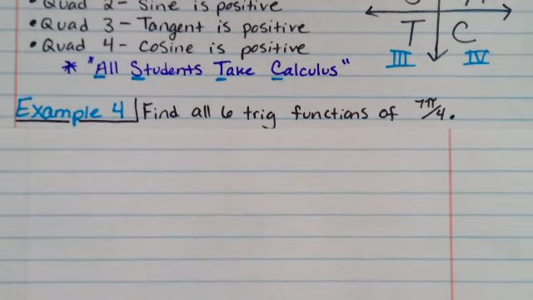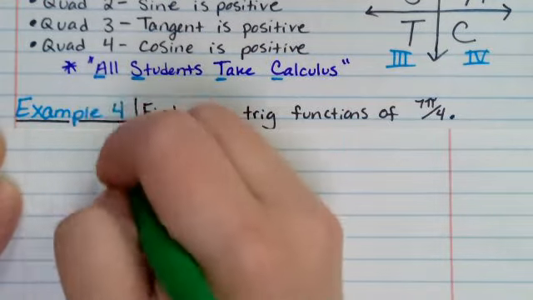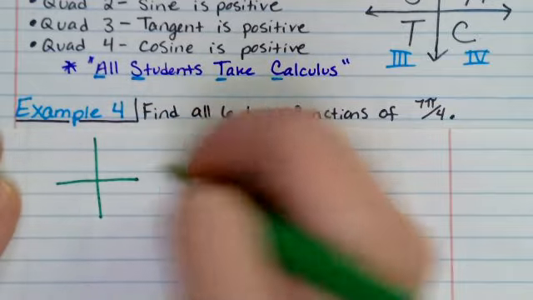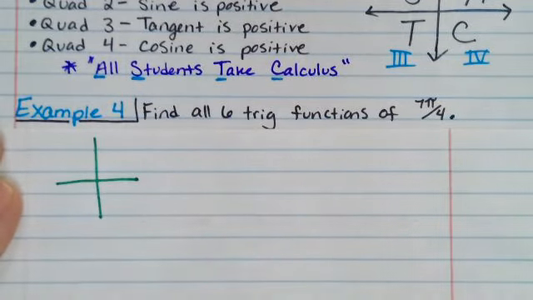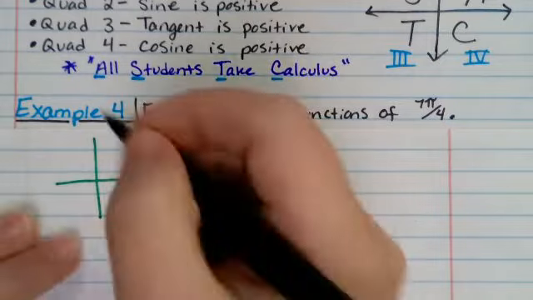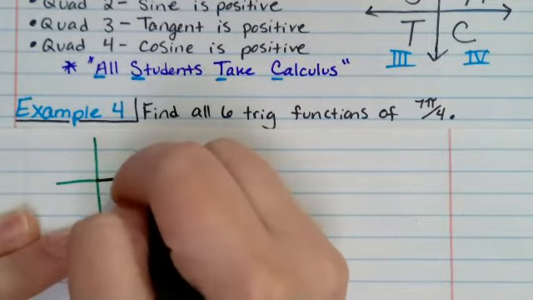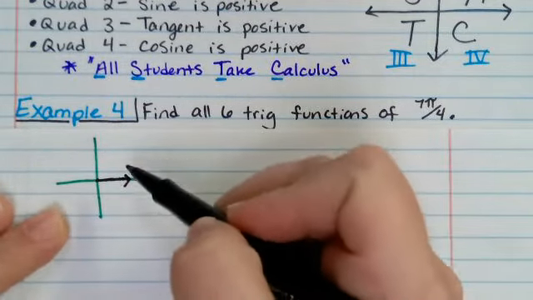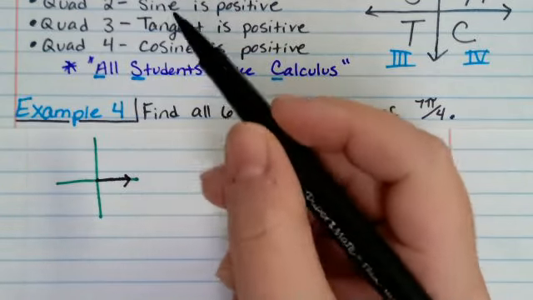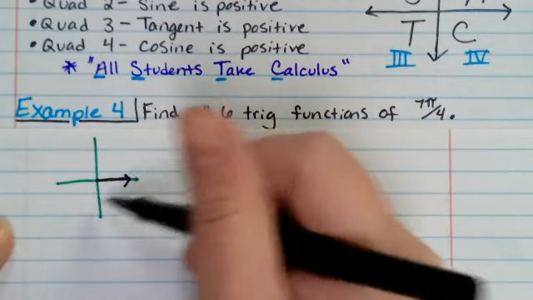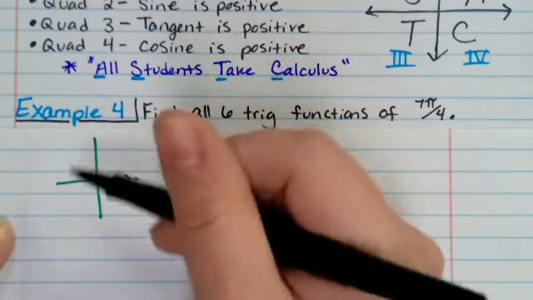So to find all 6 trig functions of 7 pi over 4, well, first thing that would be helpful is to draw 7 pi over 4. So I have that initial side over here. 7 pi over 4, I want you guys to think about the way that this cuts up your little rotations.